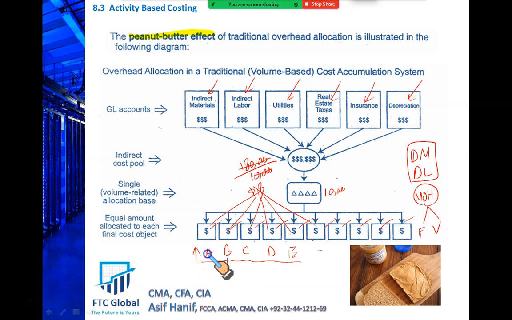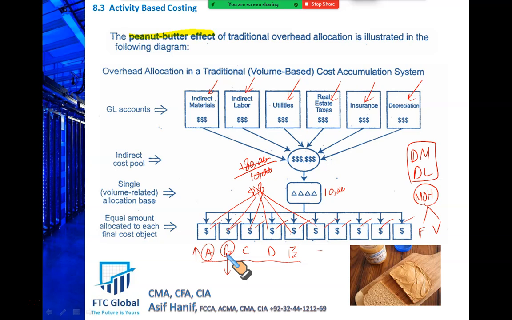Item A, which is not a very expensive item to make, but unfortunately because of this miscosting, it is costing more. Item B, which is complex to make and it should cost more, it is costing less. So the other point I want to make is that the items that should cost less, unfortunately carry more cost. And items that should cost more carry less cost. This miscosting is what you call the product cost cross subsidization.